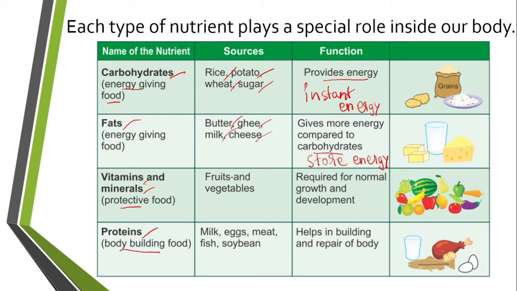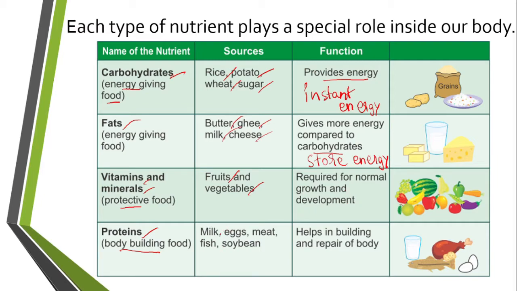And we can get vitamins and minerals from fruits and vegetables. These vitamins and minerals are required for normal growth and development, and they also protect us from diseases.